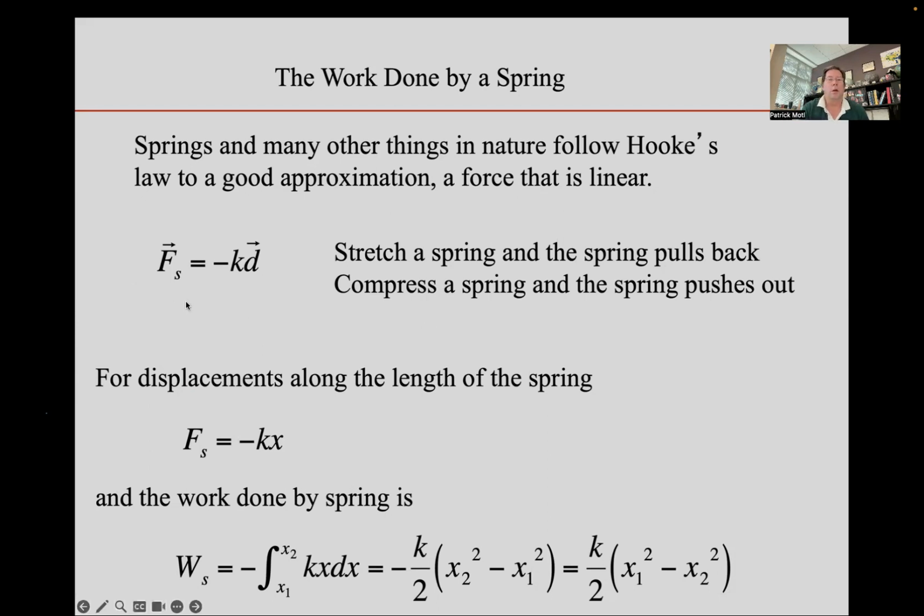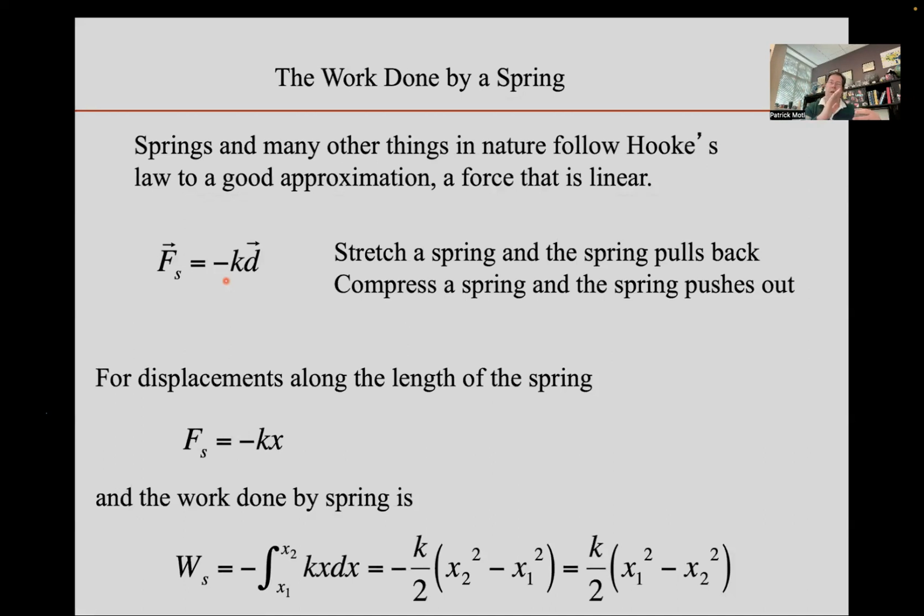So Hooke's law, as a general statement, is I take some spring and I displace the end of it. If the spring force obeys Hooke's law, the more I displace the end, the stronger the spring is going to pull back. And this minus sign in Hooke's law is just there to remind us that if I stretch a spring out, it pulls back.